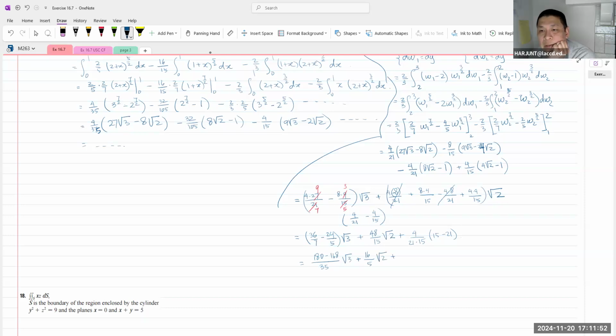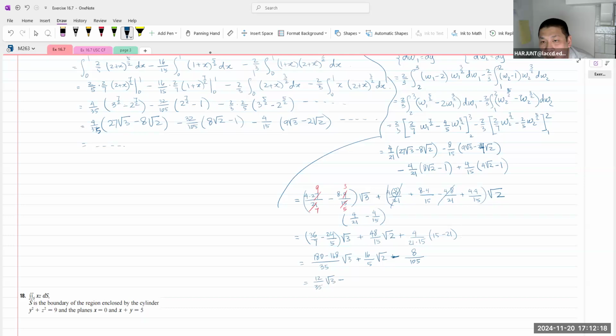And this is negative 6, so this becomes negative 4 times 2 is 8, reduced by 3 is 7, that's 105. I want to see if this gives me the right answer though. So this is 12, huh? 12 over 35 square root 3.